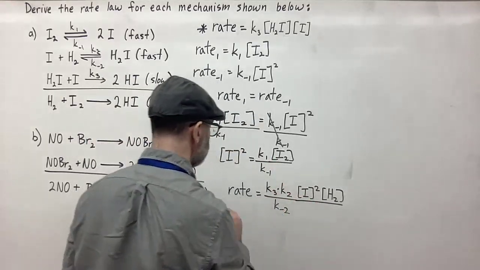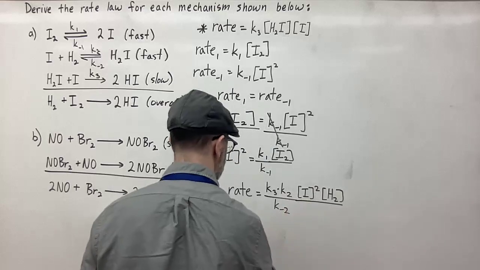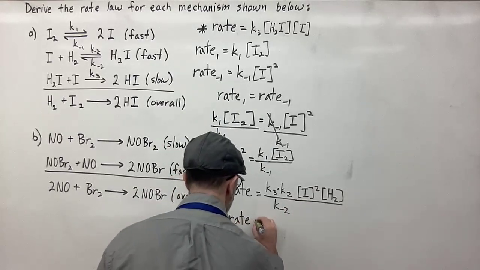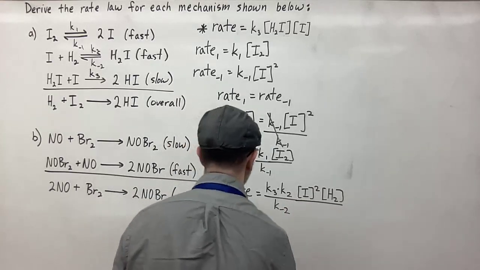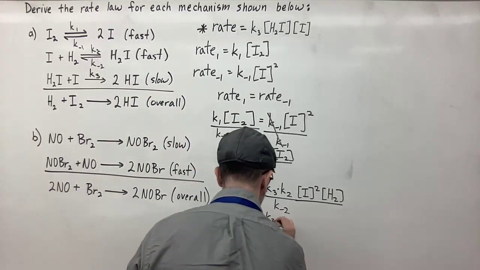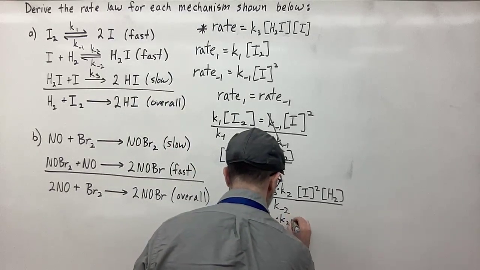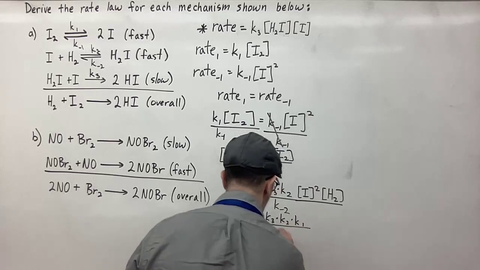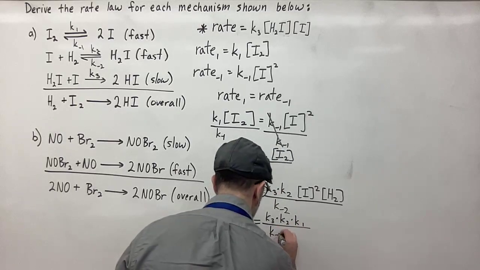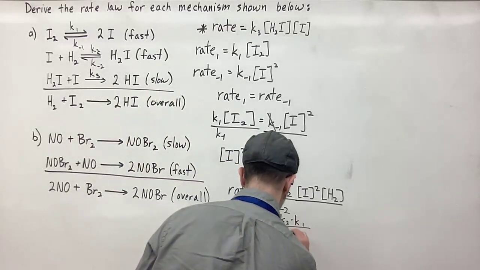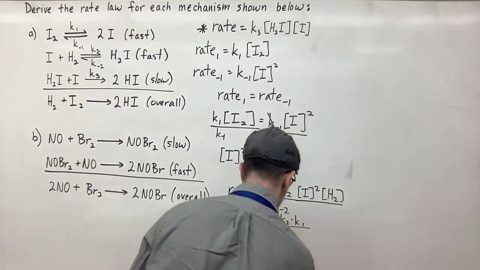So then the rate is equal to, and I have K1 here, so it's going to be K3 times K2 times K1 over K minus 1, I have K minus 1 on the bottom.